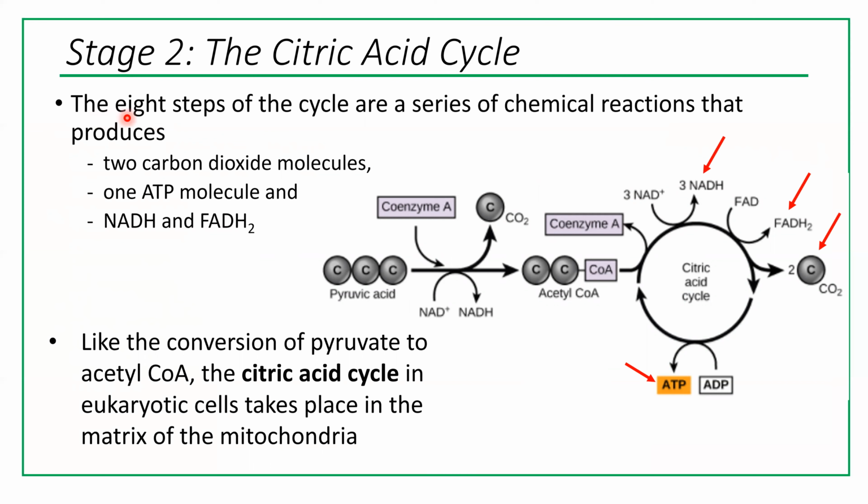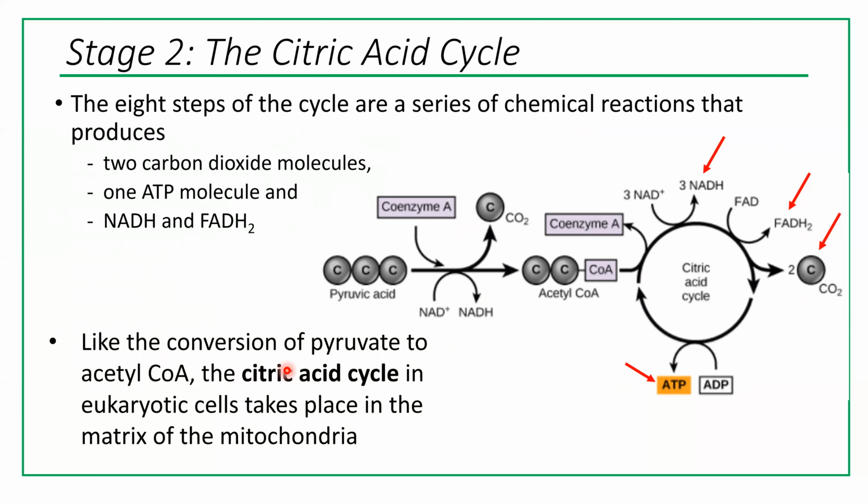So the citric acid cycle or Krebs cycle is a series of chemical reactions that produces 2 carbon dioxide molecules, one ATP molecule, 3 NADH and 1 FADH2. So that's what is made through this citric acid cycle.